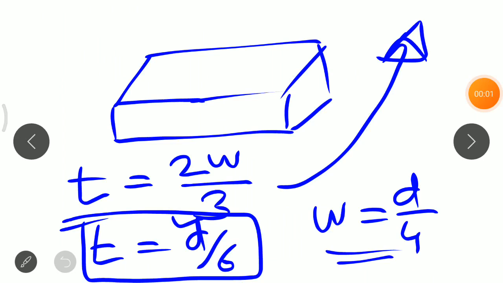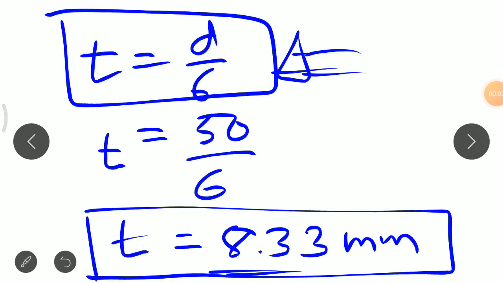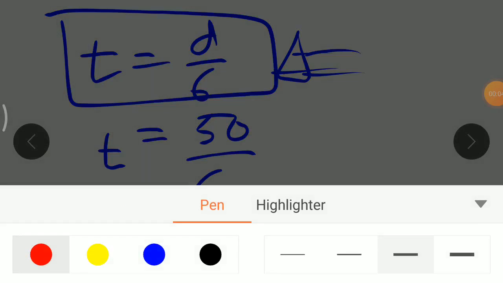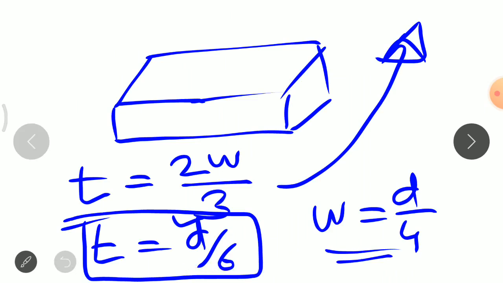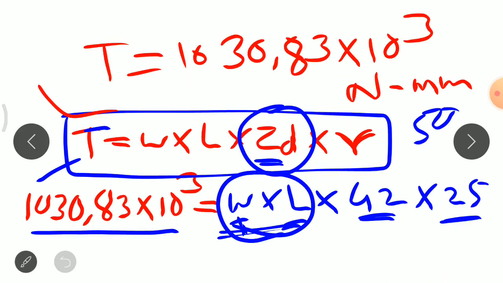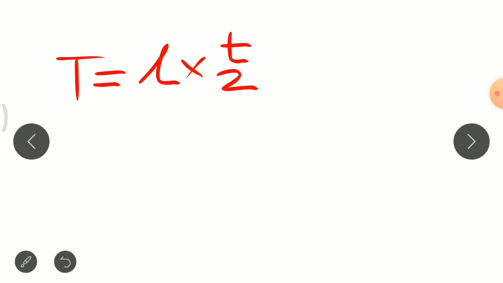Now we cannot put the value of t in the equation of direct shear stress. So we will use the crushing condition or crushing stress equation, and the equation is T is equal to L into t by 2 into sigma c, that is crushing stress, multiplied by r, the radius.